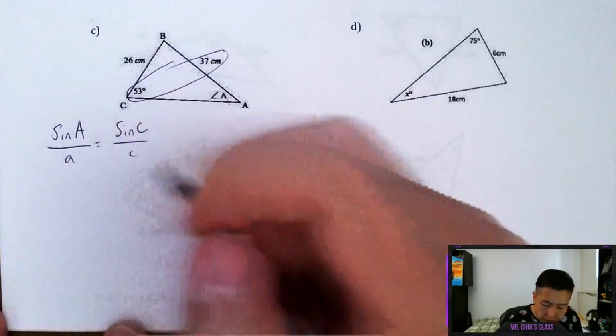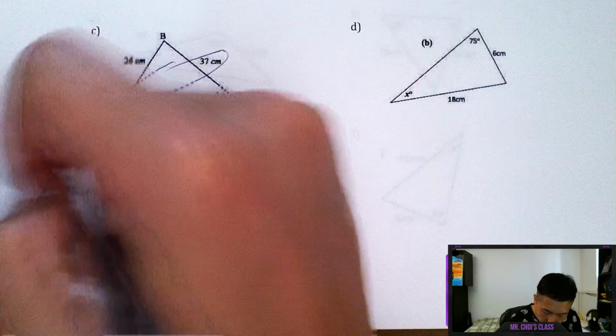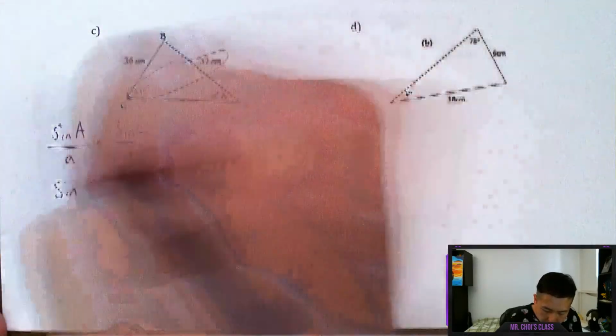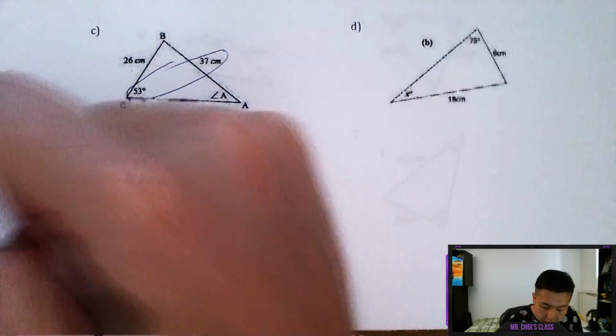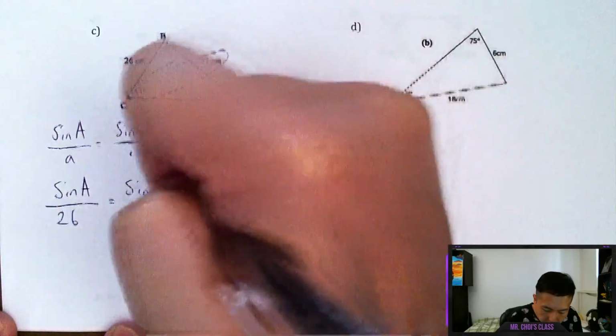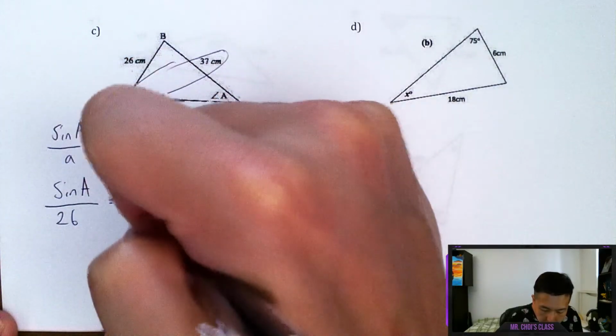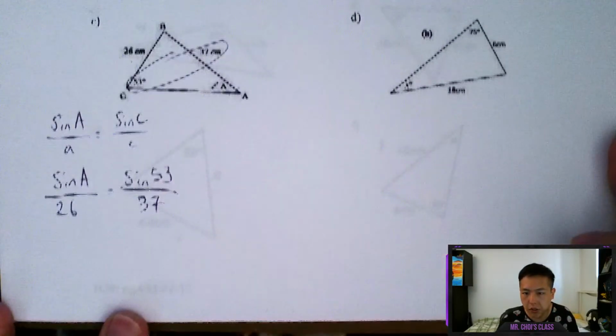Now, we can solve this question here. We plug in our values that we know. So sine A we don't know. Lowercase a we do know. It's 26. Sine C we know is 53. And lowercase c is 37. So there's our values there.